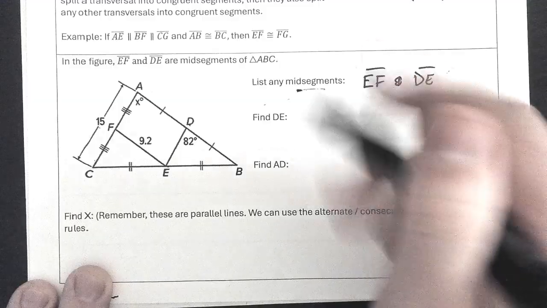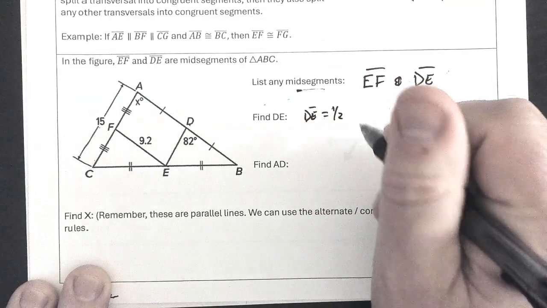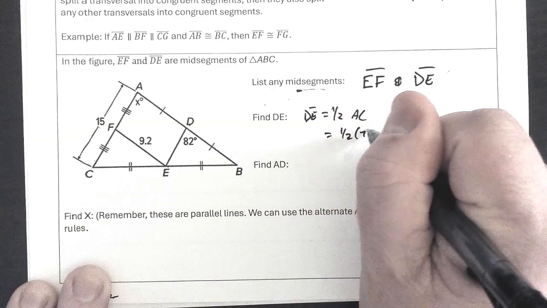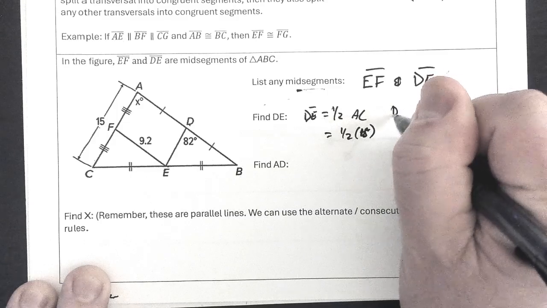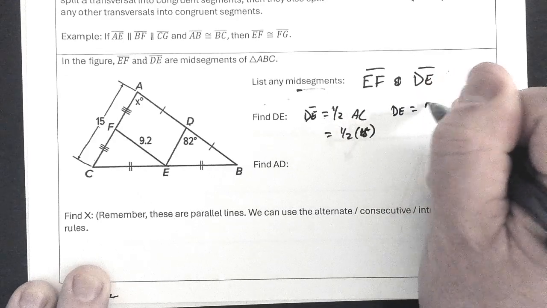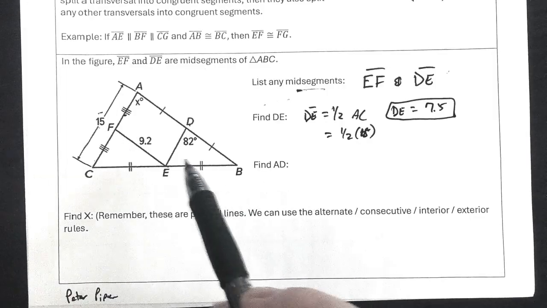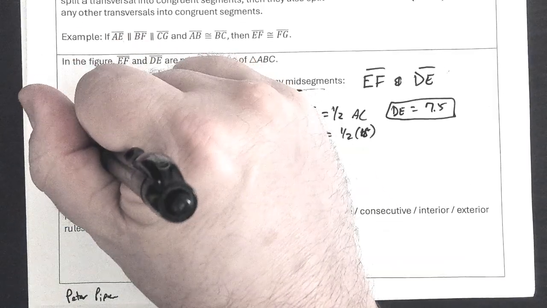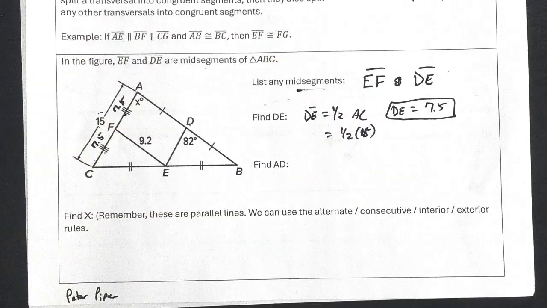So DE is 1/2 of AC, and AC is 15. So DE is 7.5 because it's half of this. It's half of this and half of those. So each of those is 7.5.